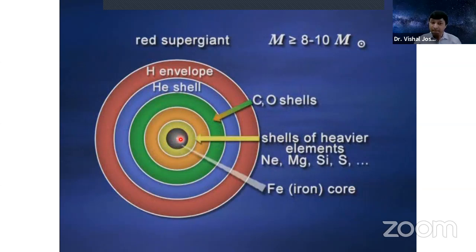But what happens to this iron? Because this iron also has a very high mass. The core of this iron itself is maybe sometimes heavier than the sun. In this case, this iron core collapses. That collapse happens within a second. Remember, within a second, all this iron core collapses, and it emits a huge amount of energy.